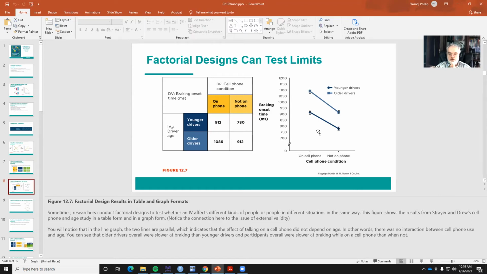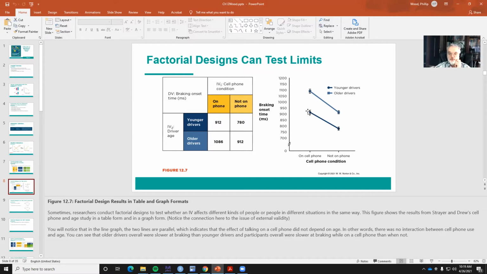The bottom line of the interpretation of this particular graph is that it shows that we have a main effect for cell phone usage. That is, if I come over here and I look on the left, the means of the two cell phone groups, in terms of braking time, are a lot higher than when they're not on the phone. And I also have a main effect for age.